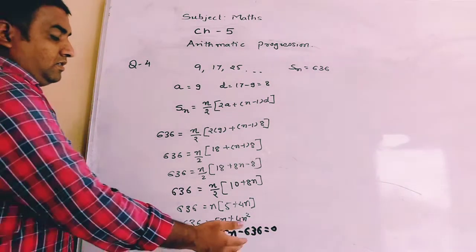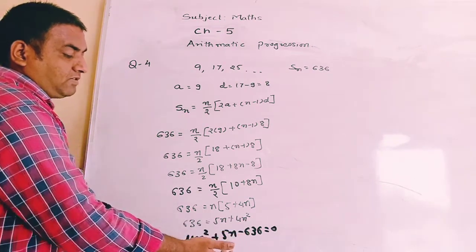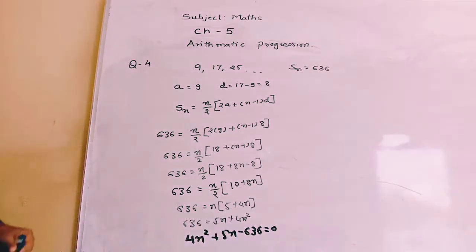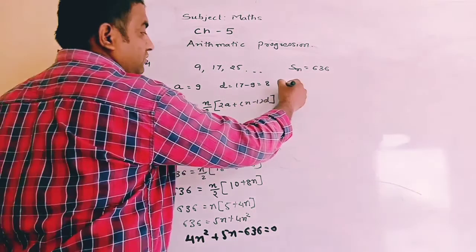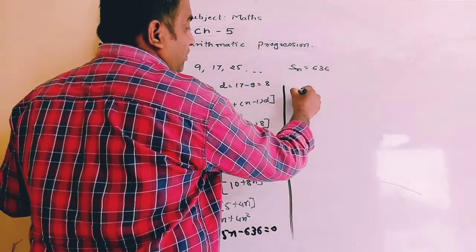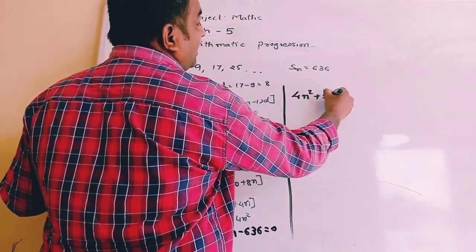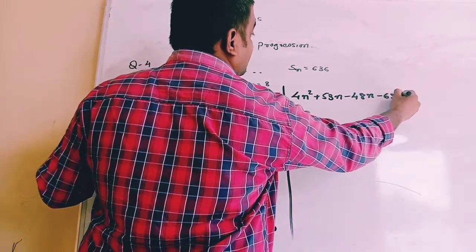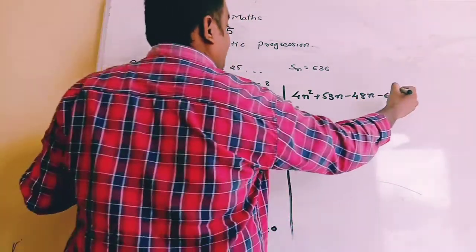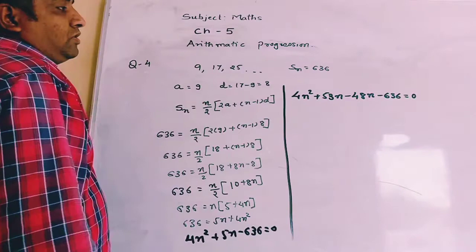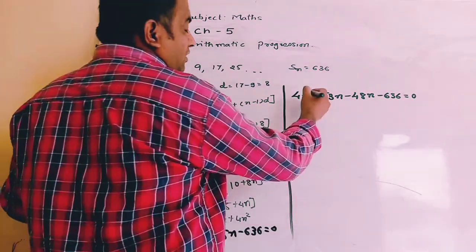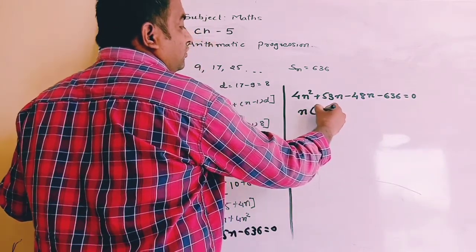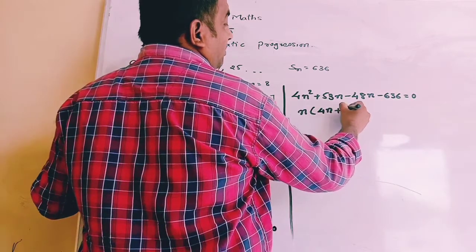So here we have to do the splitting method. The parts we are getting: 636 into 4, and the parts we are getting are 53 and 48. And so we can write 4n square plus 53n minus 48n minus 636 equals 0. Here from 4n square and 53n we take out common, so 4n plus 53.